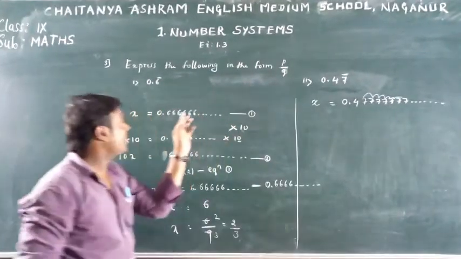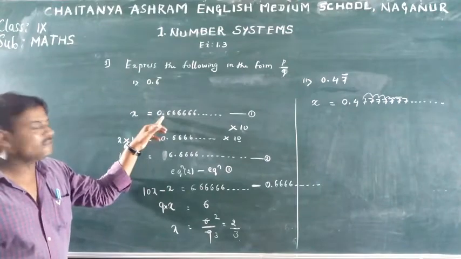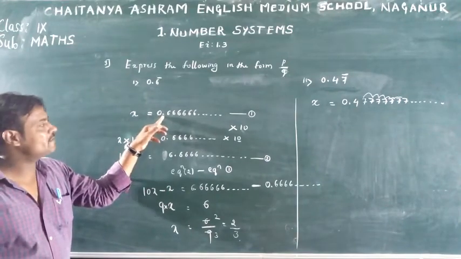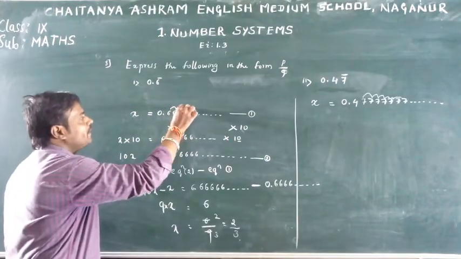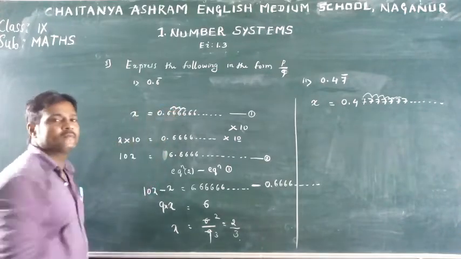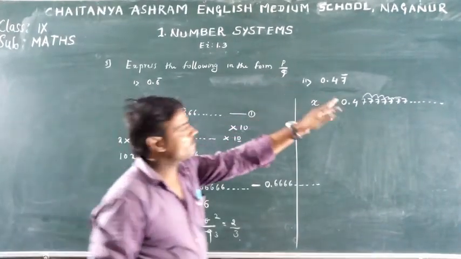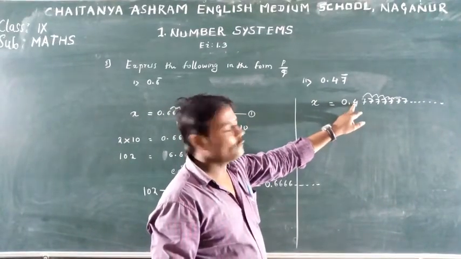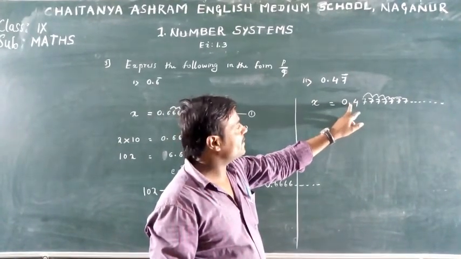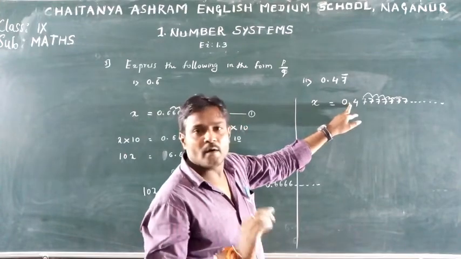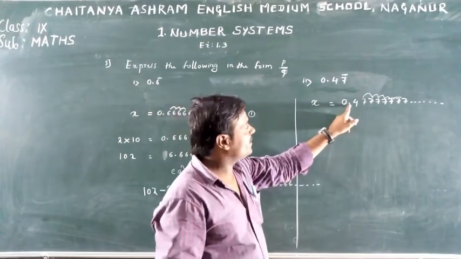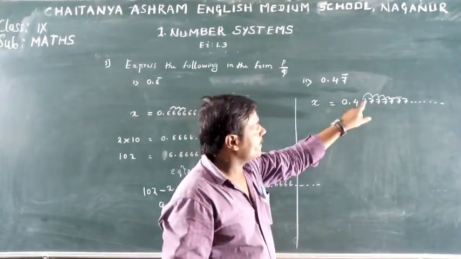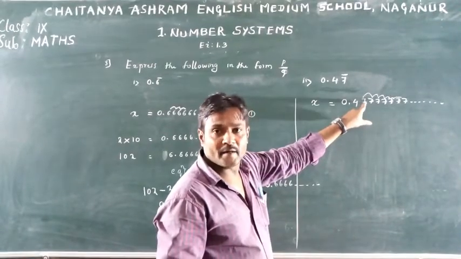The decimal is in front of a non-repeating digit, so this should be in front of the repeating digit.